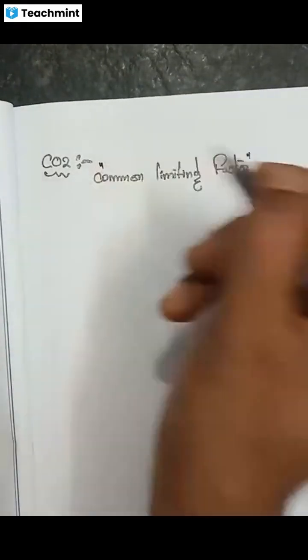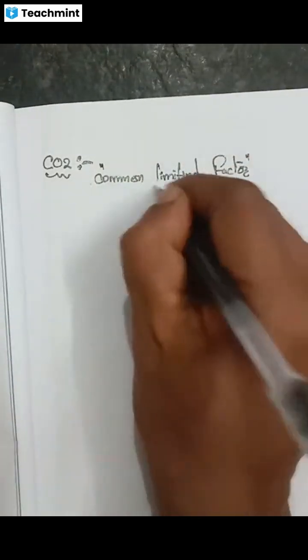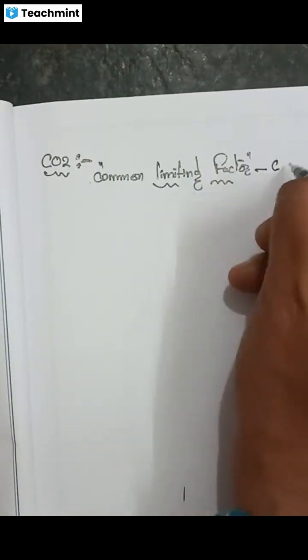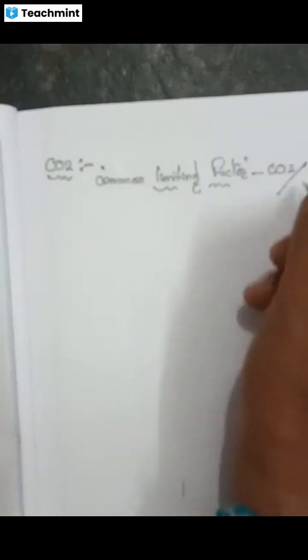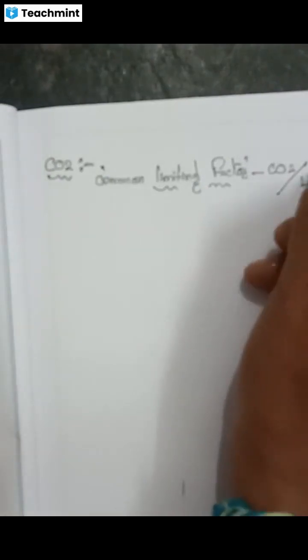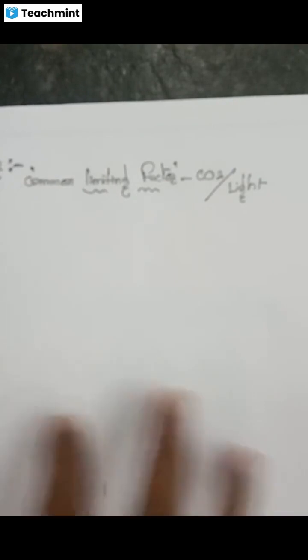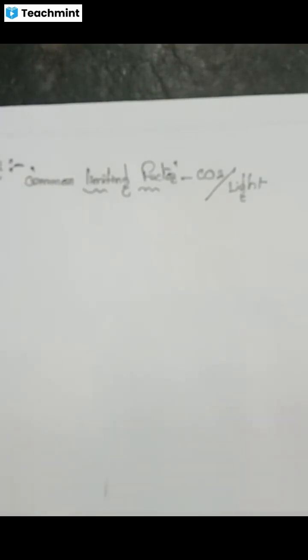Carbon dioxide is one of the most common limiting factors. The most common limiting factor is carbon dioxide, and then after that, light.